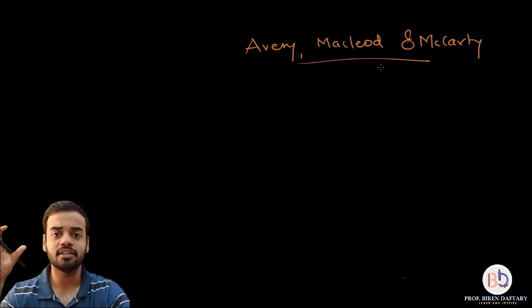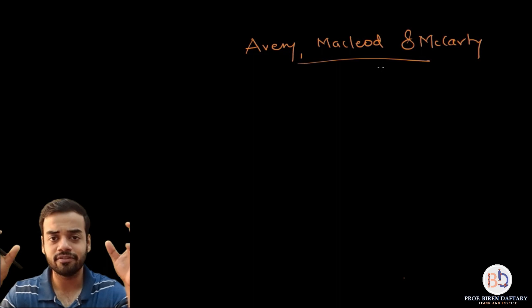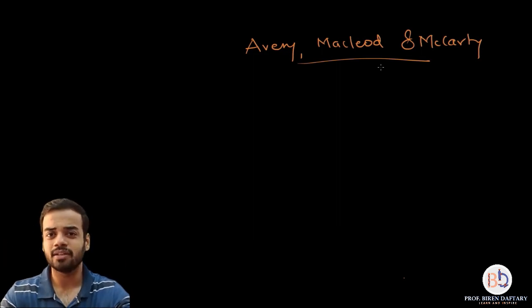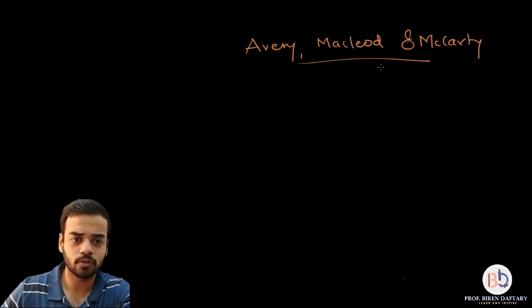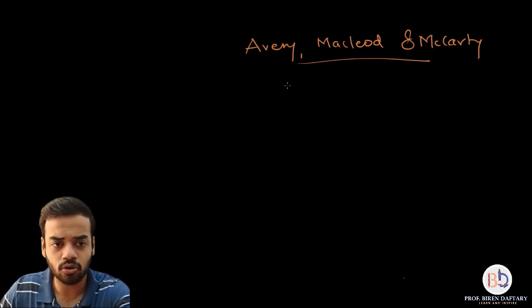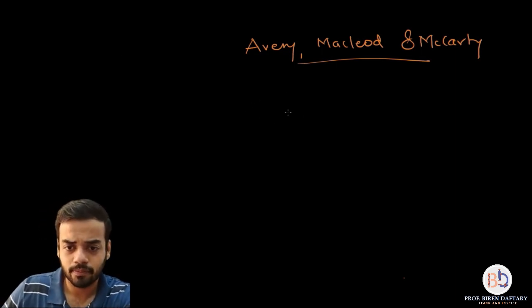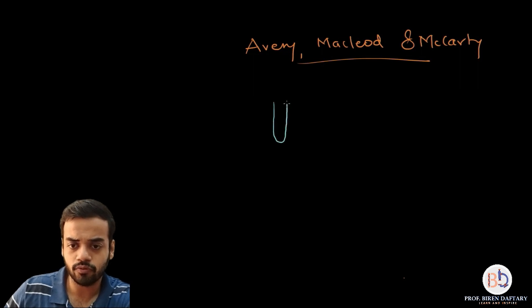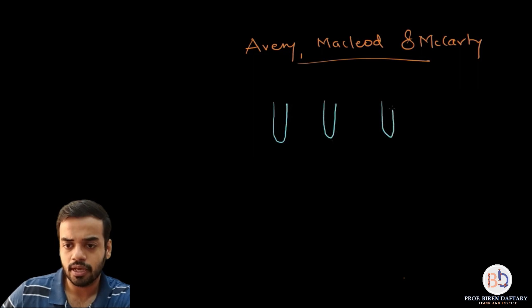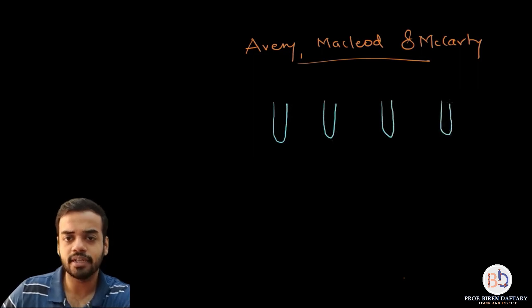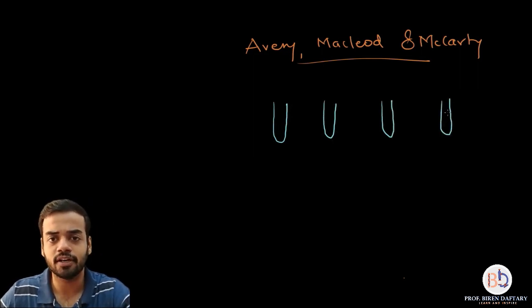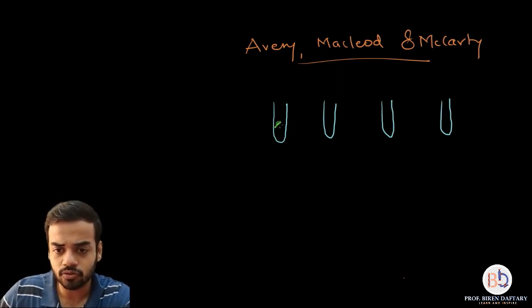If anybody remembers this experiment, Avery, MacLeod and McCarty took 4 or 5 test tubes. Let me just draw them over here. Let us assume 4 test tubes, and in all the test tubes they added a culture of live R strain bacteria, which I'm going to show with green color. So this is the live R strain bacteria which is added in all the tubes.